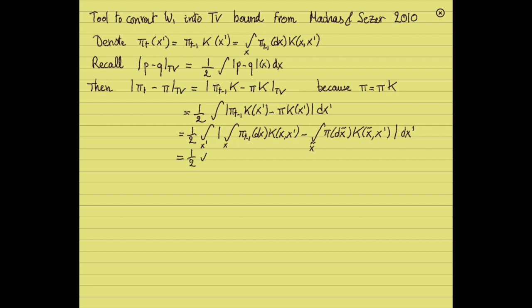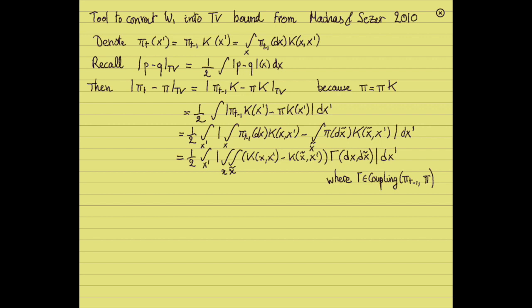And so we realize that this difference between two integrals can be written as an integral of a difference, where we write the integral over x and x tilde of the difference between k(x, x prime) and k(x tilde, x prime) with respect to a joint distribution gamma over x and x tilde, where this gamma is in fact any joint distribution with marginals pi t minus 1 and pi. So it's a coupling of pi t minus 1 and pi.